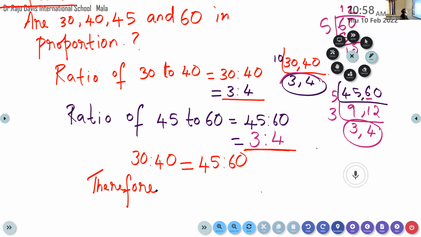Look at the question: 30, 40, 45, 60, whether they are in proportion. According to the question, you have to write the answer. Therefore, 30, 40, 45 and 60 are in proportion.